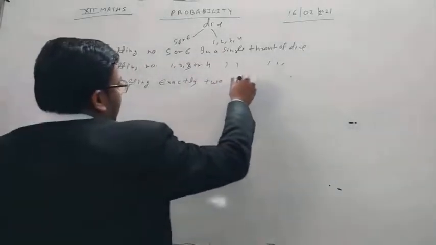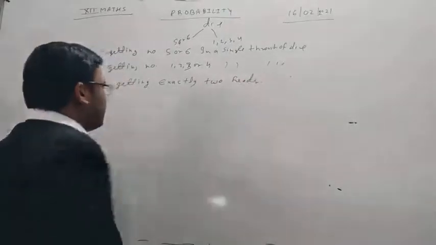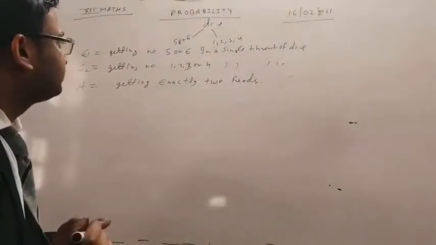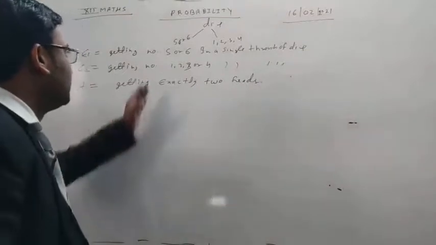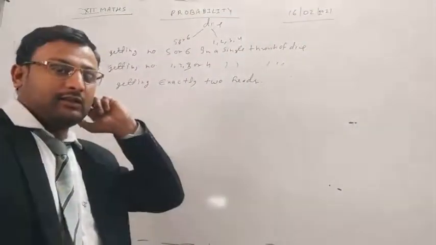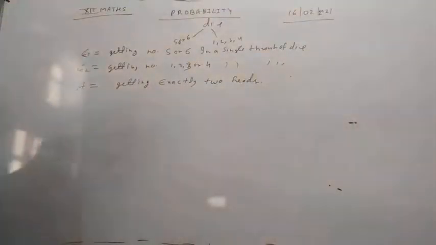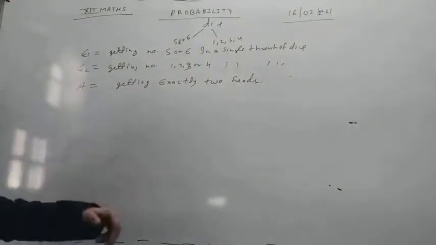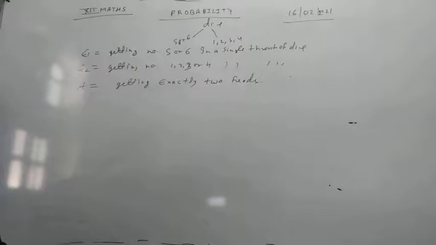In the question it is mentioned that if she is throwing a die and getting 5 or 6, then she throws a coin 3 times and notes the number of heads, and if she gets 1, 2, 3 or 4, then she tosses a coin 2 times. Okay students, so we have to find the probability.